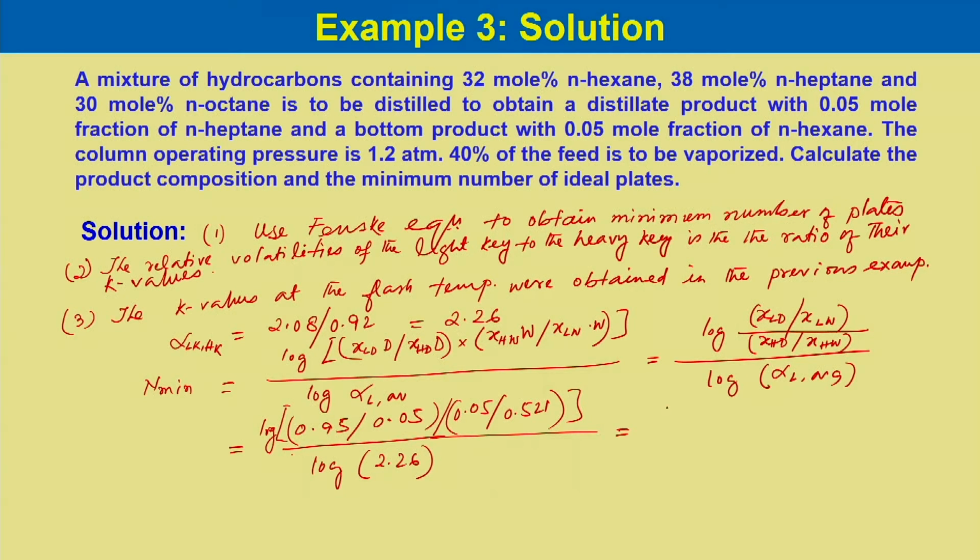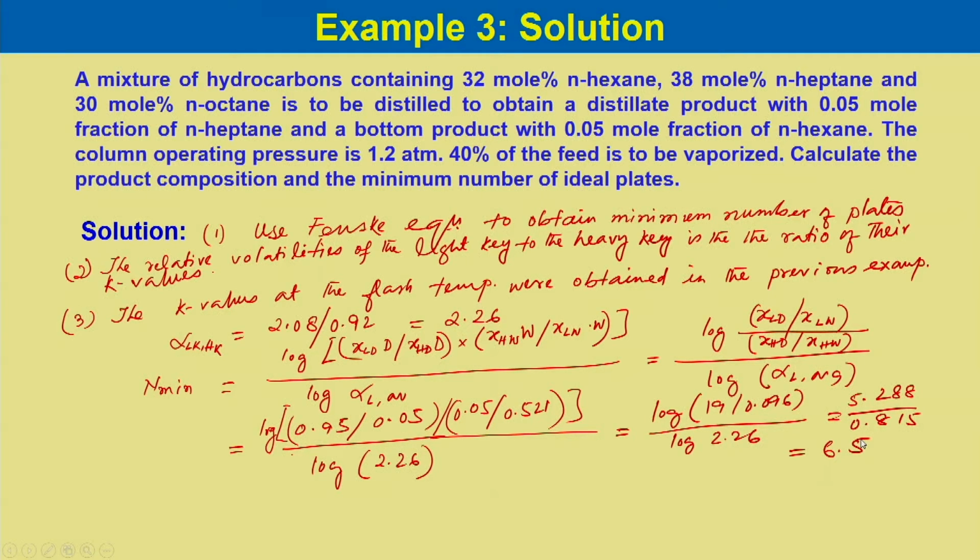This would be equal to log of 19 by 0.096, divided by log 2.26, which is equal to 5.288 divided by 0.815, which will give you 6.5.